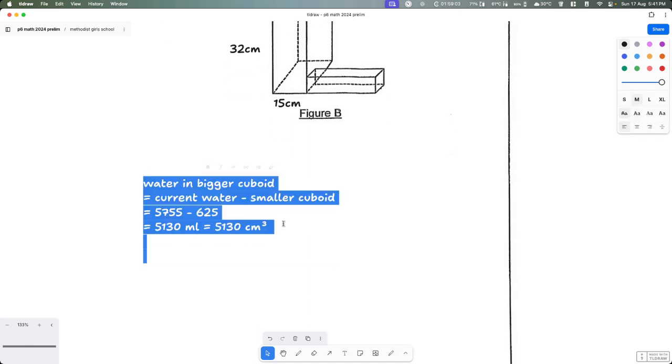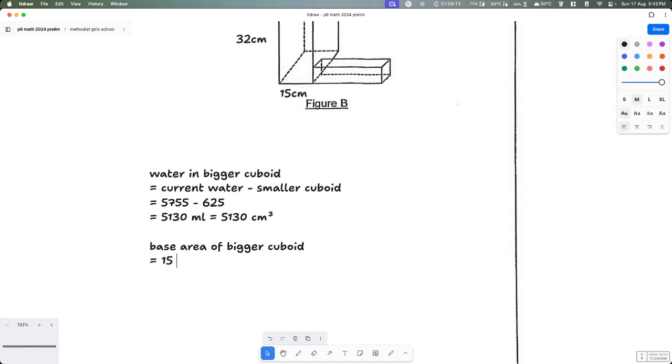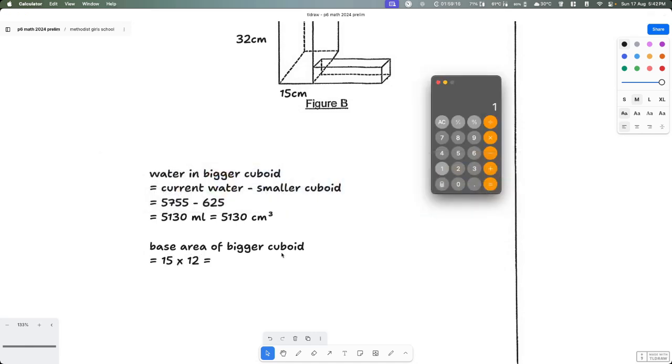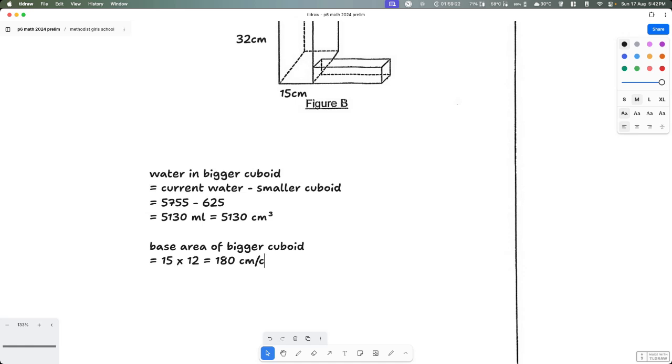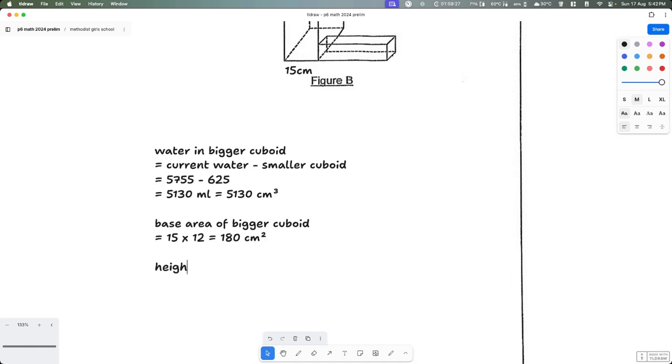So in this case, the base area of the bigger cuboid is equal to 15 times 12, which is 180 centimeter square. So now, height of water is equal to water in the bigger cuboid, and then we divide by the base area of the bigger cuboid.